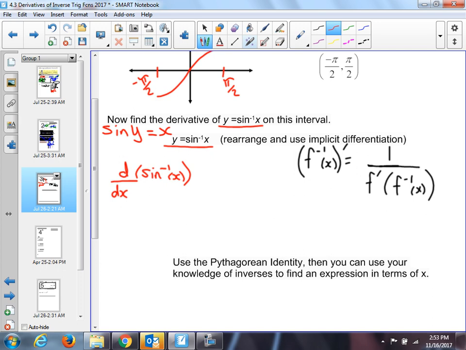Let's apply this formula to this. It is equal to 1 over cos, and then the inverse function as is, sine negative 1 of x.